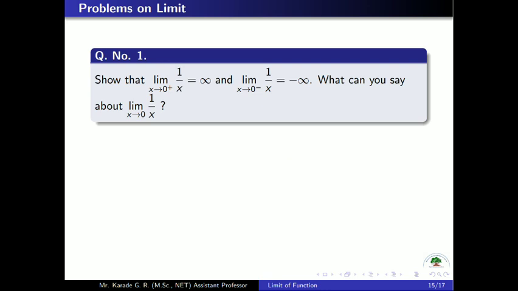What can you say about the limit of 1 upon x as x tends to 0?